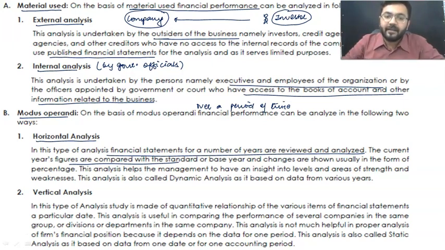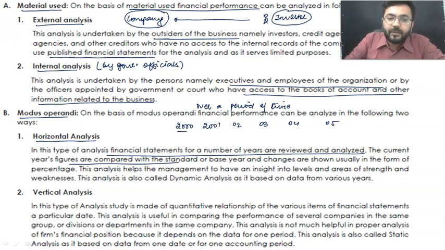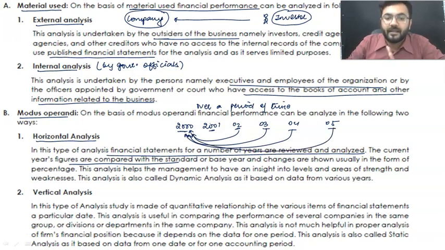We take a base year, like I've taken a base year of the year 2000, then 2001, 2, 3, 4, 5. In 2001, I'm going to compare it with year 2000. In 2002, I'm not going to compare with 2001, I'm going to compare this with the base year again. Again with 3, I'm going to compare it with the base year. Again this with this year. So this is my horizontal analysis.